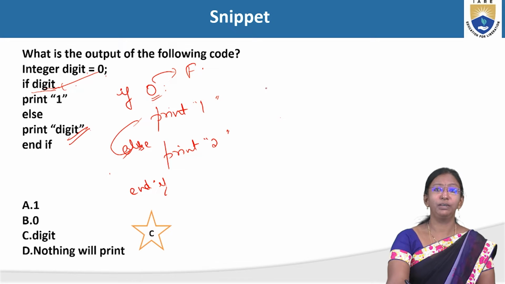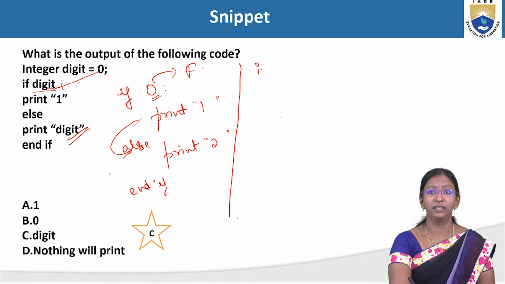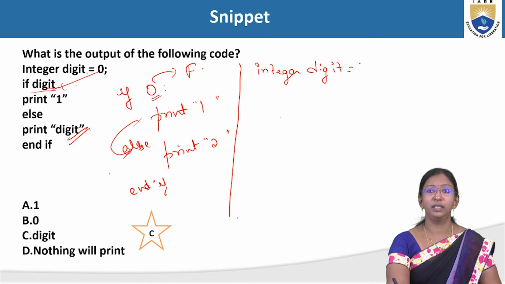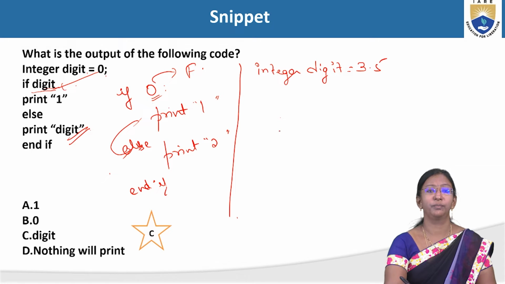Okay, so what if, on the contrary, I declare integer digit is equal to, say, 3.5, then how is this going to get executed? So digit will be replaced by 3.5.